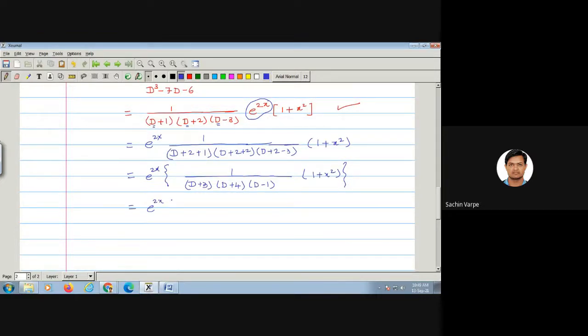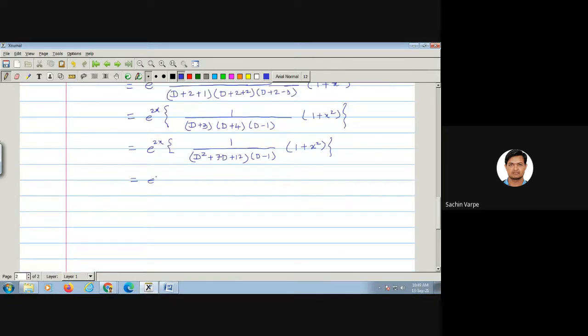D square plus 4D plus 3D, 7D plus 12, so D square plus 7D plus 12 times D minus 1, operating on 1 plus x square.